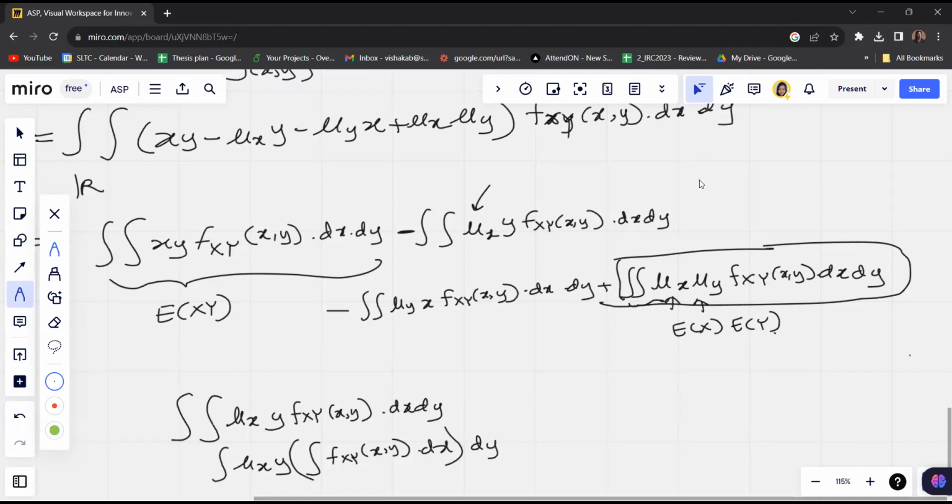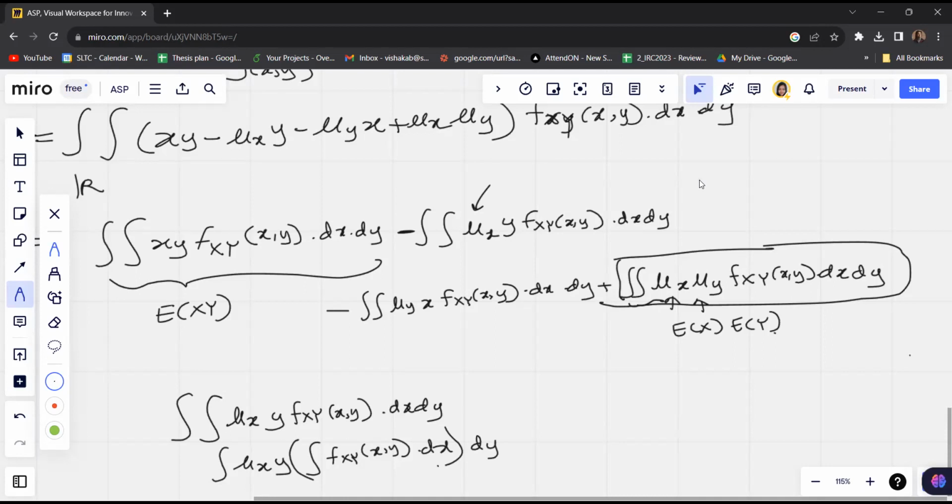First, I need to deal with this integration, which is the integration with respect to x, and this would be equal to the marginal distribution of y, actually.